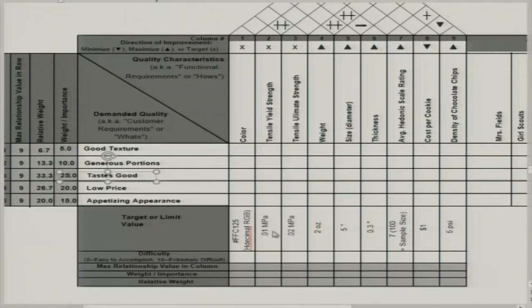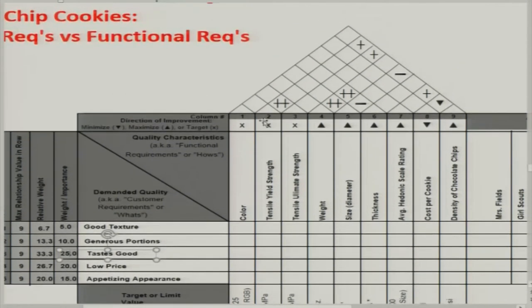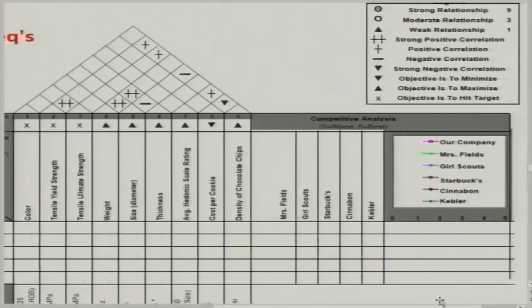Now these are the target values. What is the color? This is specifically the RGB code for the color. The yield strength should be 0.1 megapascal. This is the target value, and this is 0.2 megapascal. The ultimate tensile strength, weight has to be 2 ounce. Now you can see the directions of improvement, as I showed you here.